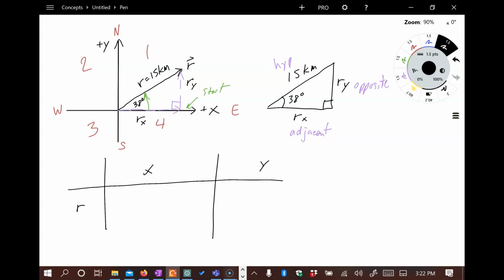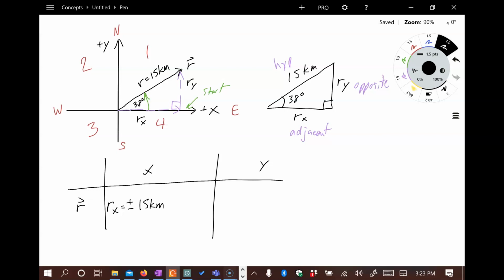Usually I put my r right below here. So I'm going to look at 3 things. For Rx, I need to choose the plus or minus sign, and then I need to put the hypotenuse next. We know this is 15 kilometers. And then that's always followed by a trig function. So here's the third step.